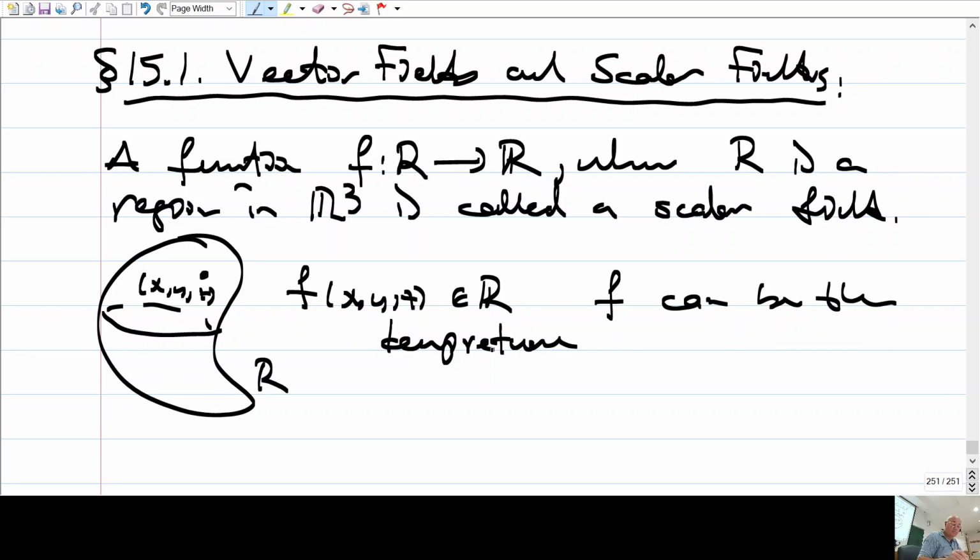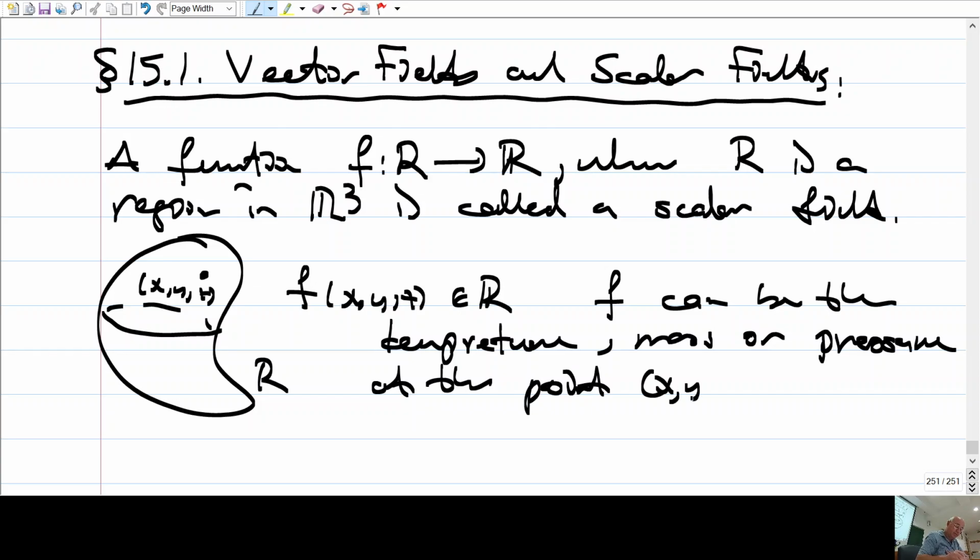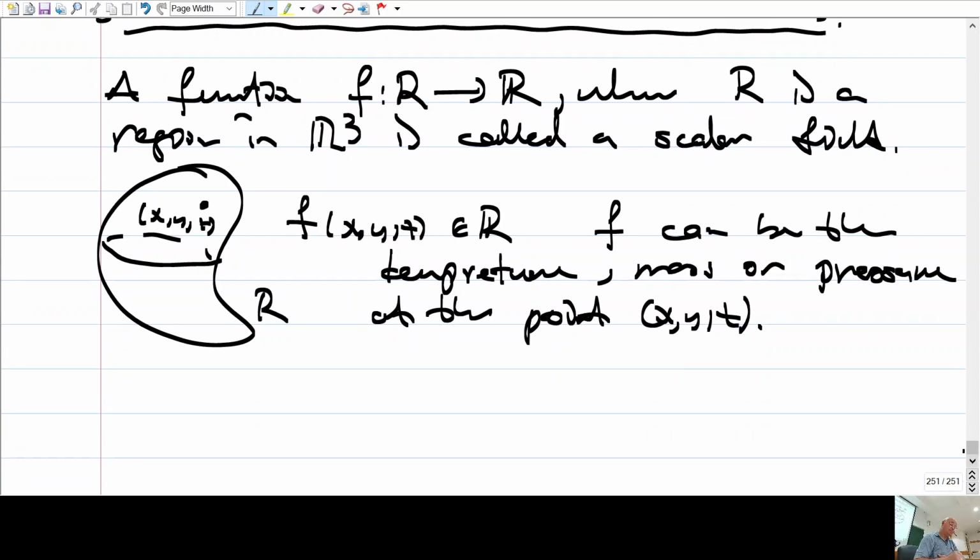Mass, or pressure at the point x, y, z. Mesela atmosferde bir noktadaki hava basıncı olabilir. Sıcaklık olabilir. Bunlara scalar field diyoruz.